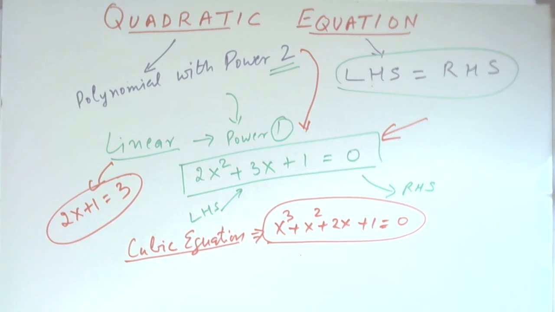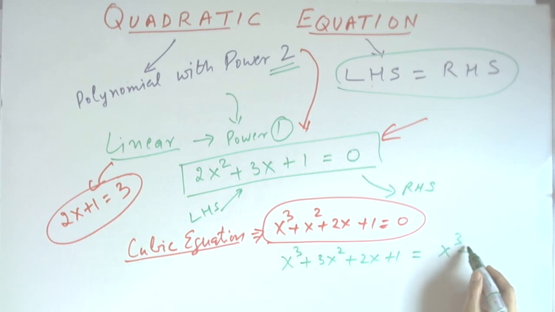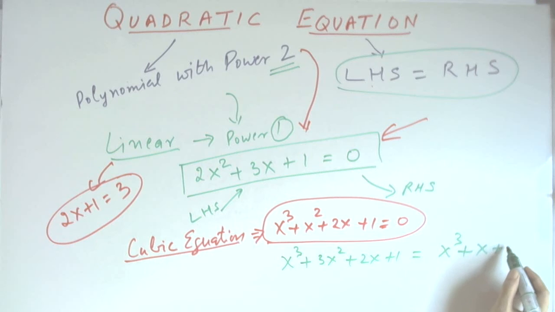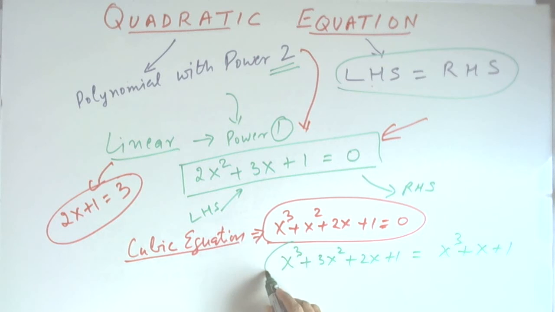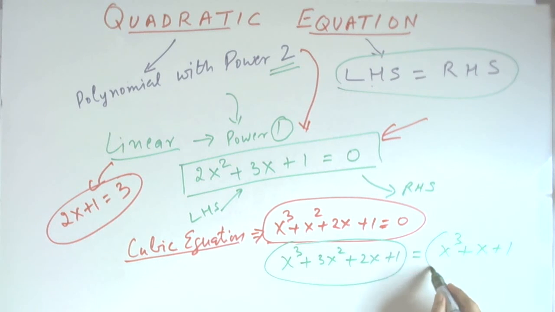Also, sometimes there are some trick things. Say you have an equation like x cube plus 3x square plus 2x plus 1 equal to x cube plus x plus 1. Now on the face of it, it is looking like a cubic polynomial. On both sides there are polynomials, but the coefficient of x cube on both sides is 1.